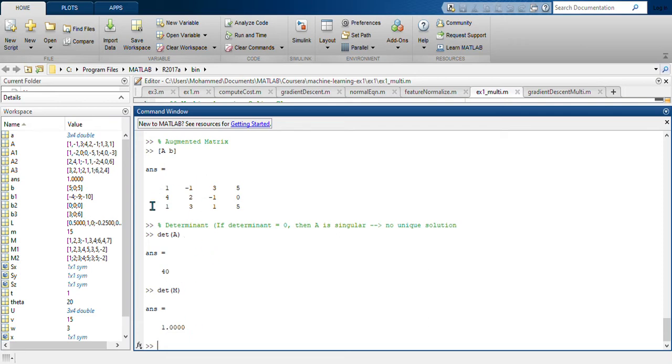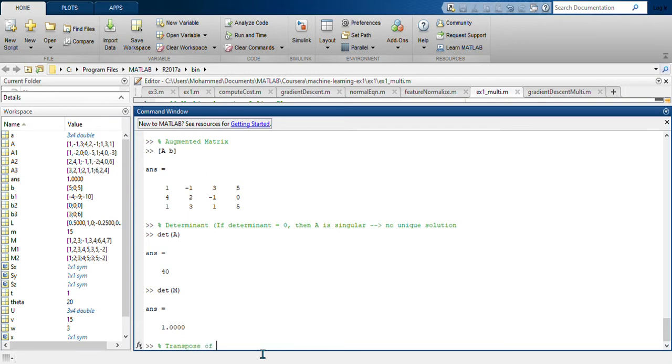The A matrix we used for our equations represented a system with a unique solution, and therefore the determinant is non-zero and the matrix is not singular. If it is singular, then we cannot solve it. All right, so the MATLAB command to find the determinant is det. The next MATLAB command I want you to know is the transpose of a matrix or a vector.